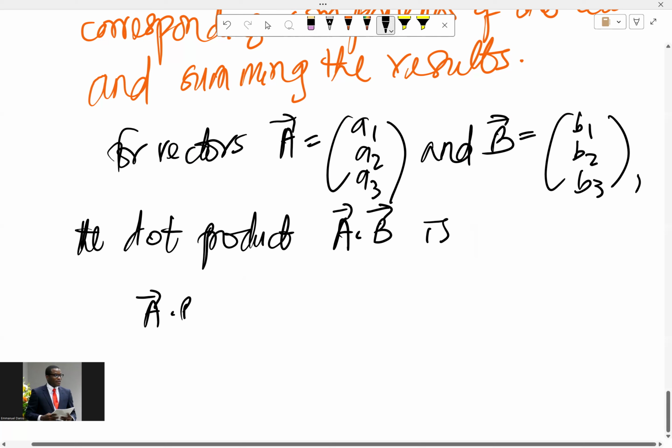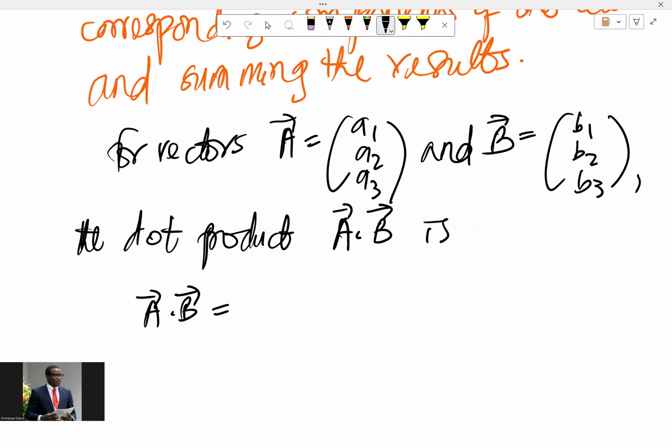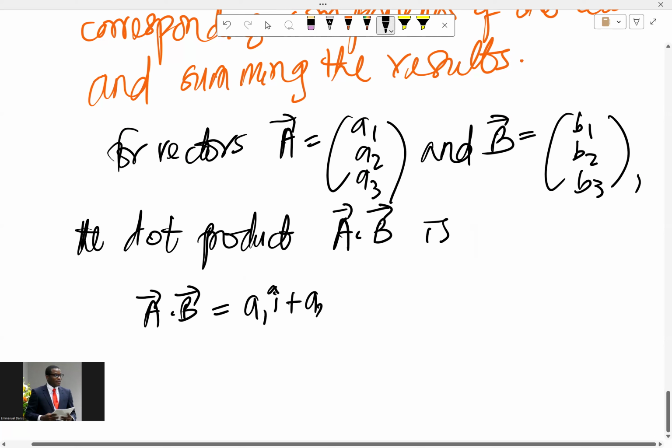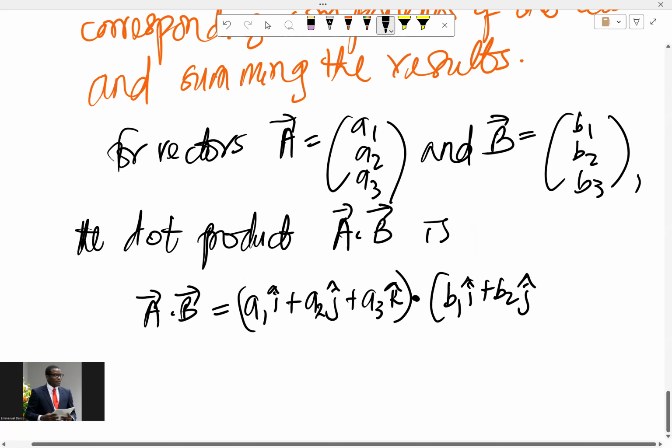I think this gives a better picture: you have A1 i plus A2 j plus A3 k, dot B1 i plus B2 j plus B3 k.